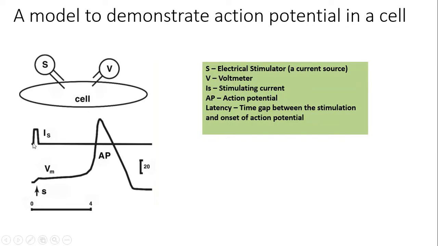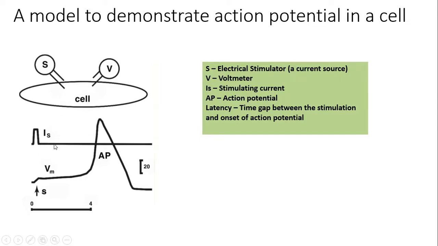You can see that it's a very short pulse having a certain height or certain amperes, normally milliamperes, of current, applied across the two terminals of the stimulating electrode. So we are using two stimulating electrodes here, one outside and one inside.